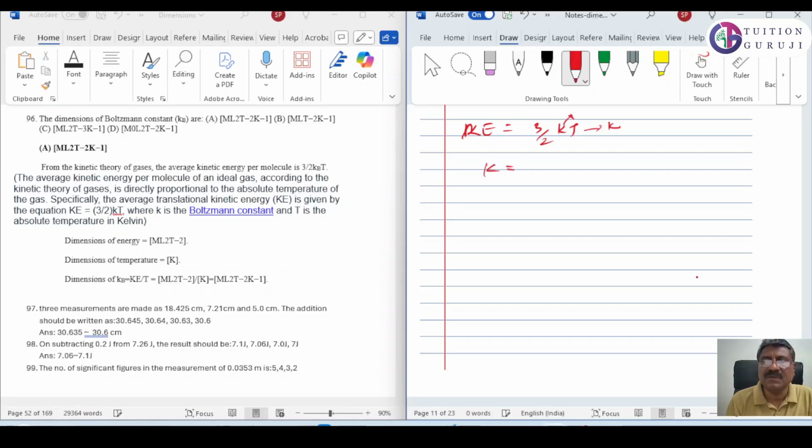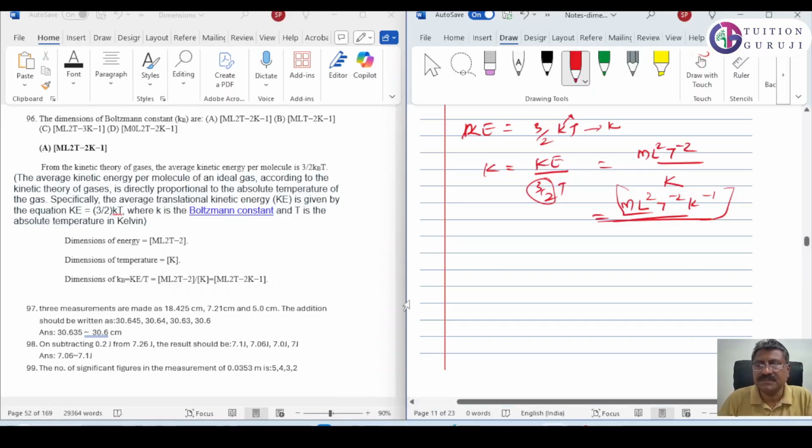So Boltzmann's constant is kinetic energy divided by 3 by 2 T. The 3 by 2 has no dimension. Kinetic energy is an energy, therefore it will be ML² T⁻² divided by temperature in Kelvin. So it will be ML² T⁻² K⁻¹. That is the Boltzmann's constant.